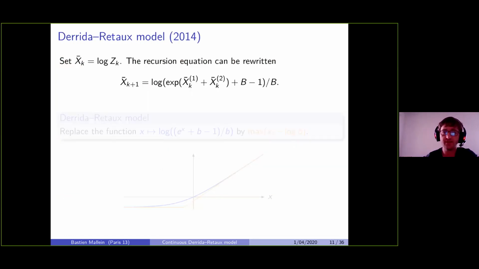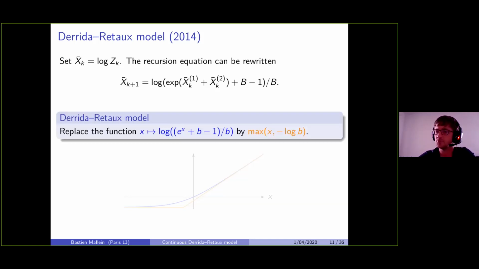Okay, so Derrida and Retaux, to simplify this model even further, proposed the following. If you look at log of Zk, its recursion equation is really x bar k plus 1 is the log of the exponential of x bar k1 plus x bar k2, plus b minus 1, over b.